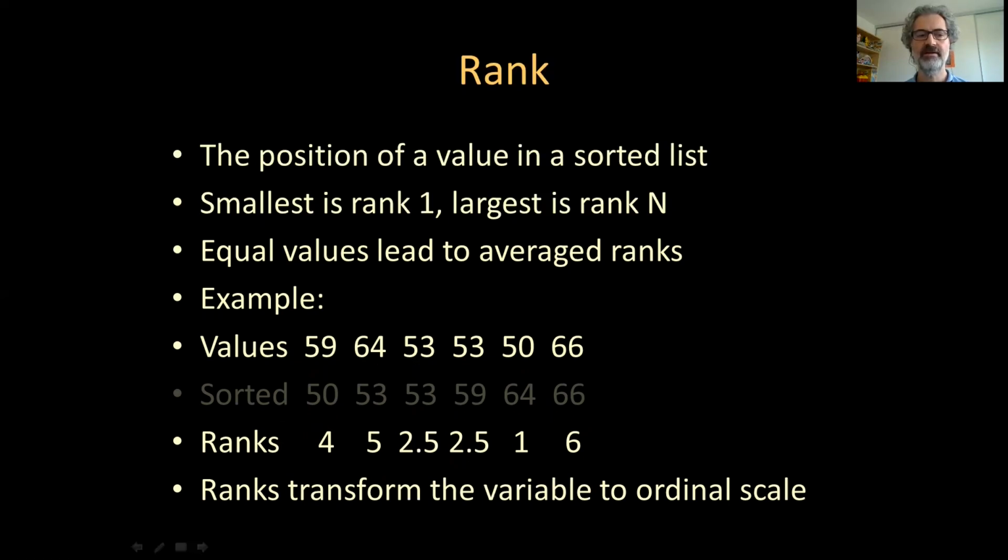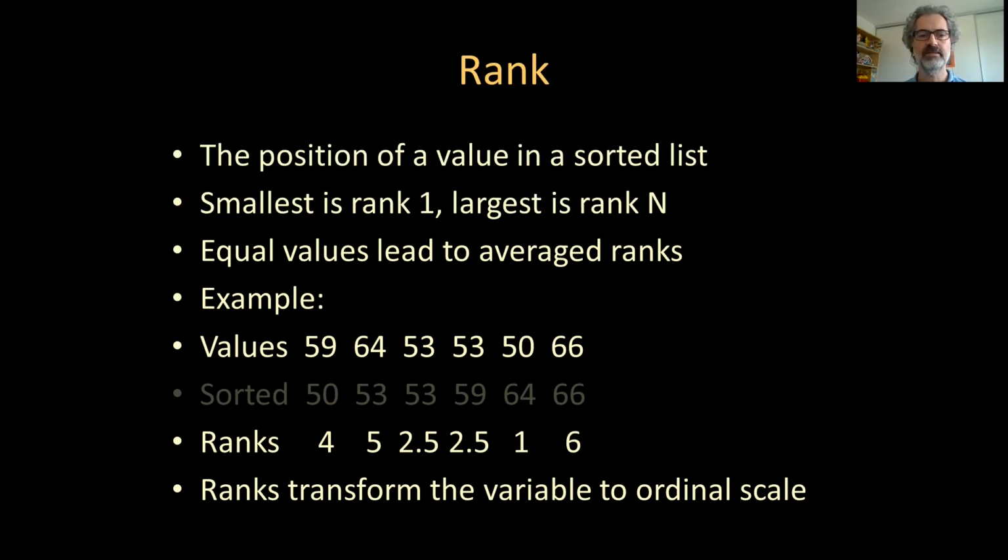Differences, I mean differences between the original values. So even if this had been 5 instead of 50, so a crazy outlier, it would still be just 1 here. If this weren't 66 but 600, it would still be rank number 6.